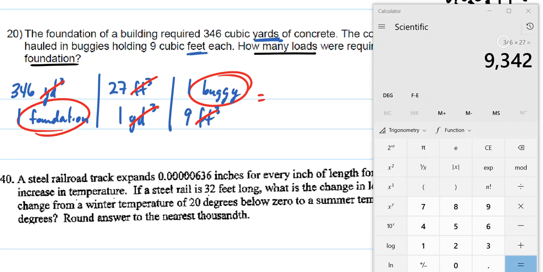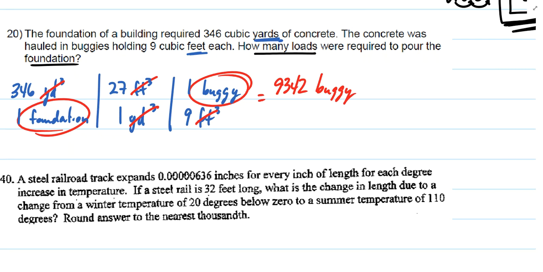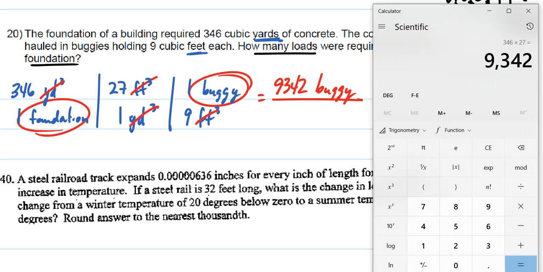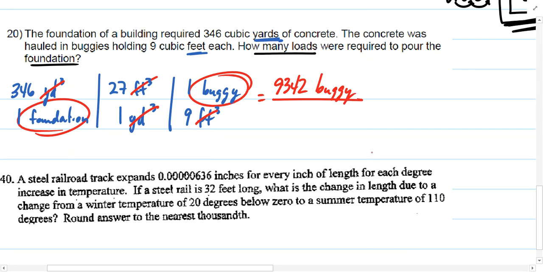So across the top, we need 346 times 27 times 1. That's 9,342. And across the bottom, we need 1 times 1 times 9. So that's 9 foundations.